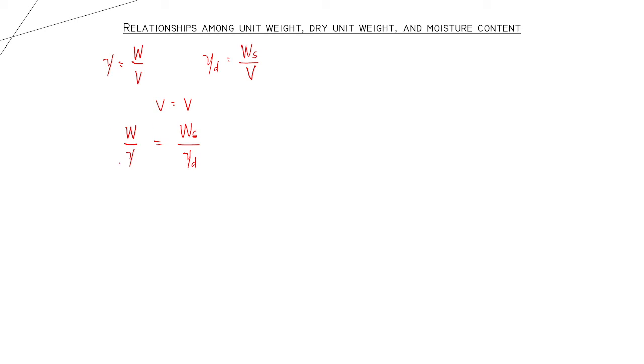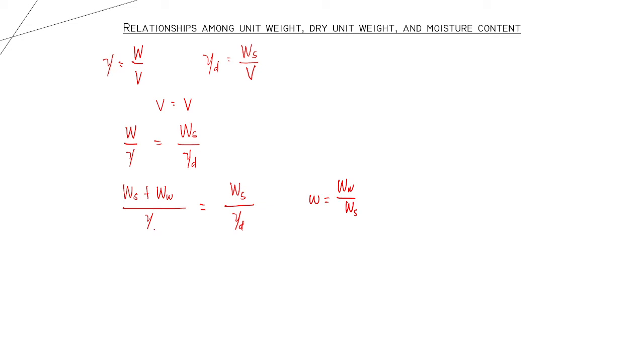So we can rewrite the total weight as the weight of soil solids plus weight of water all over the unit weight, and then this will be equal to the weight of soil solids all over the dry unit weight. And we also have moisture content is equal to weight of water over the weight of soil solids. Just an additional.